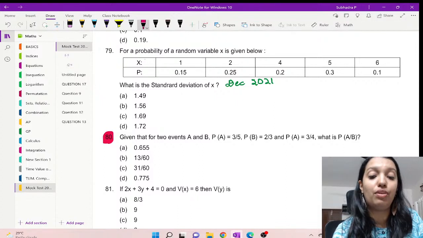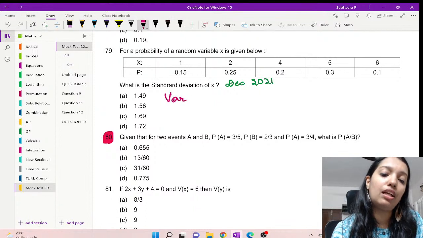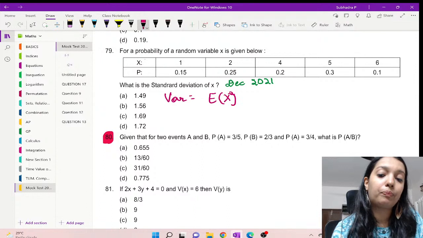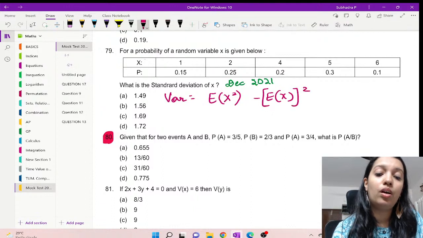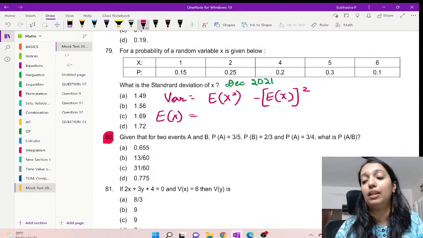So first you find the variance. How do you find variance? It is expectation of x square minus expectation of x the whole square. How do you find expectation of x in the first place? Arithmetic mean.